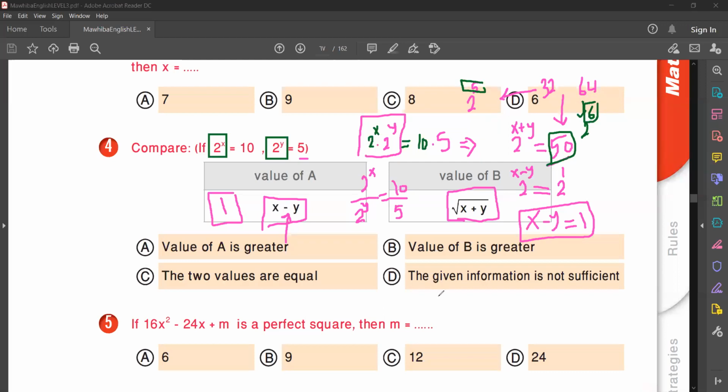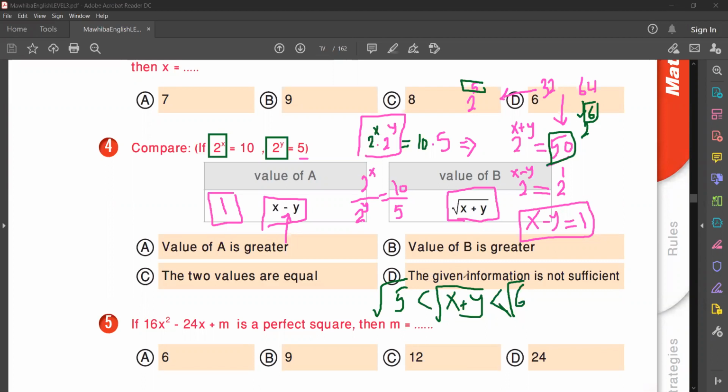So x plus y lies between 5 and 6, so x plus y may be like 5.5. Because we have a square root, when you write the square root of x plus y, it is between the square root of 5 and the square root of 6.